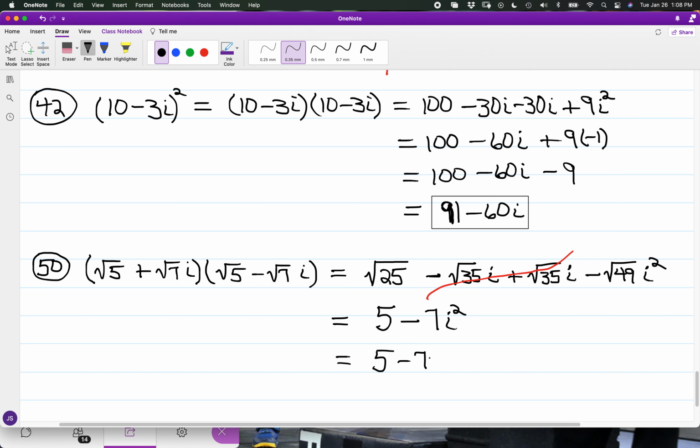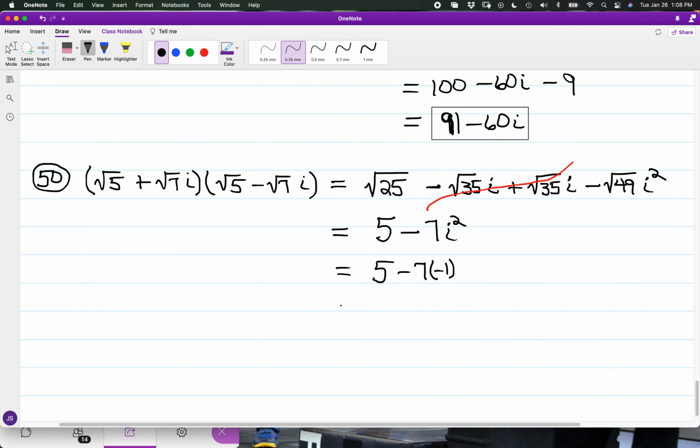So you have 5 minus 7 times negative 1, and so we're going to have 5 plus 7, and 5 plus 7 is going to be equal to 12. And if you had to give the i term exactly, to represent the void of an i term, you can say we have 12 plus 0i.